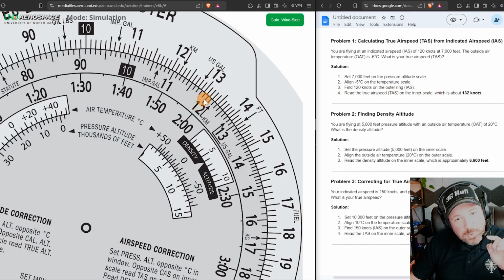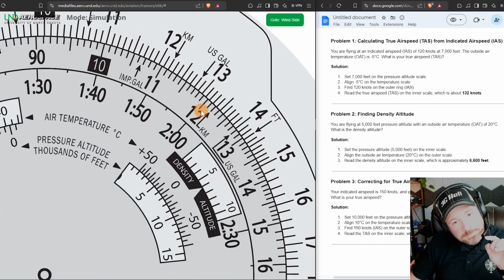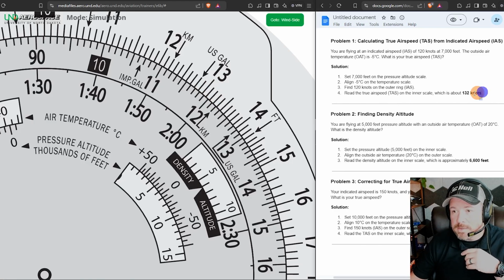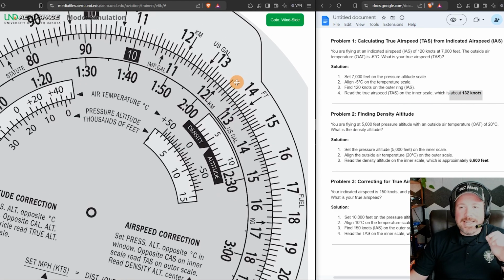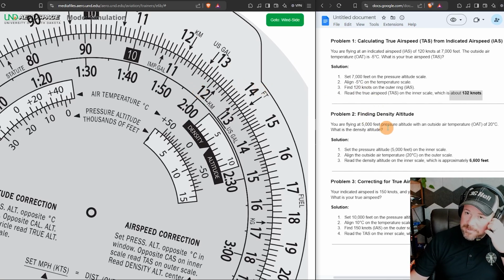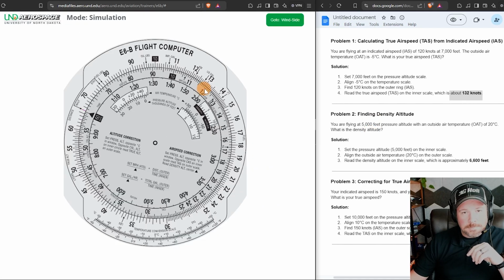So 100, 120, so 130, 131, 132 almost, we'll call it. So this one is the gotcha. We're going to have to know which scales we're looking at. Okay. All right, next one, we're going to be finding density altitude.